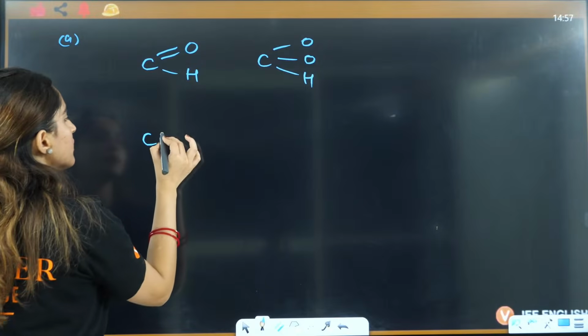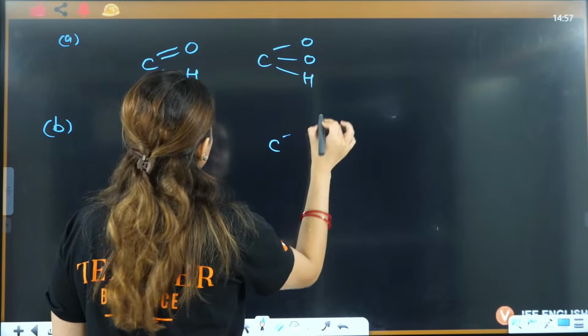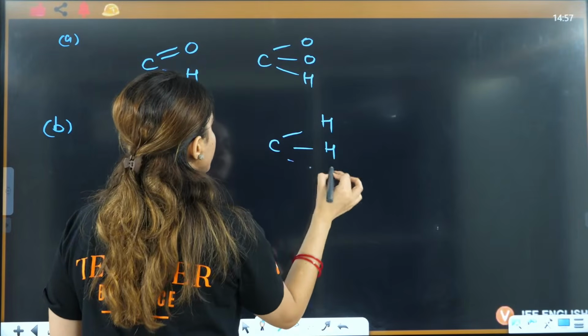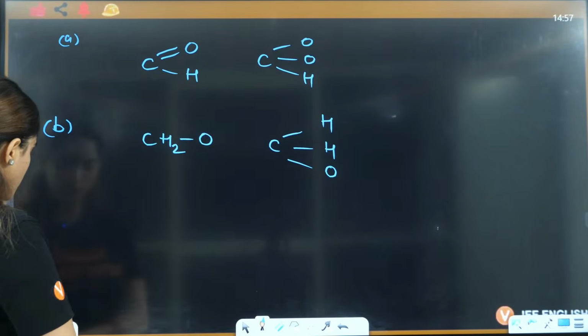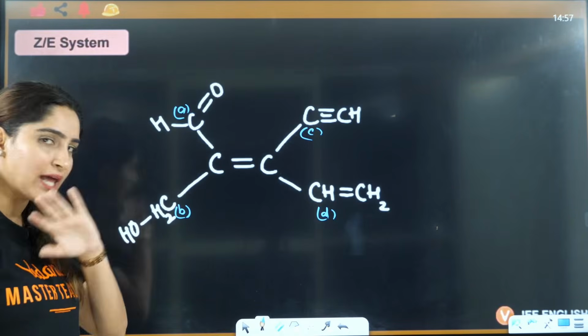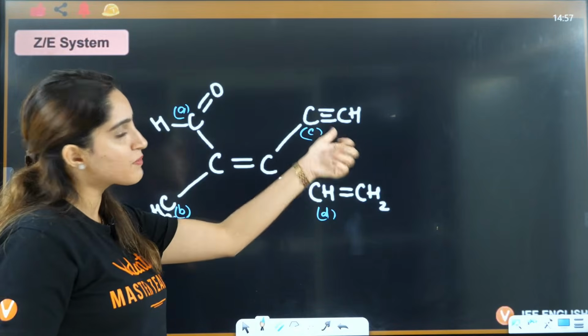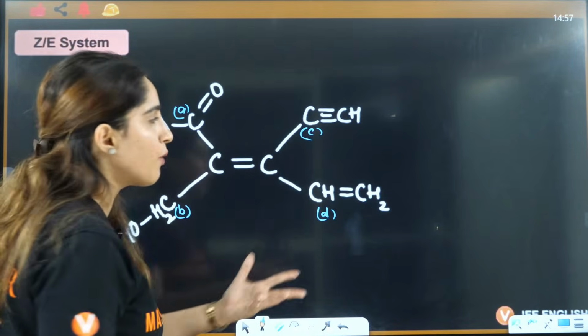So instead of writing CH2O, I'll write that the carbon is connected to 2 hydrogens and 1 oxygen. You have to be clear with this. The hydrogen attached to the oxygen I am not thinking about. I am just thinking about what this carbon is connected to, and how many things.